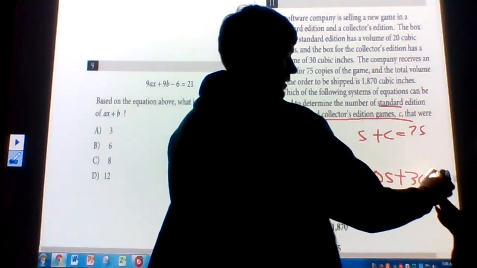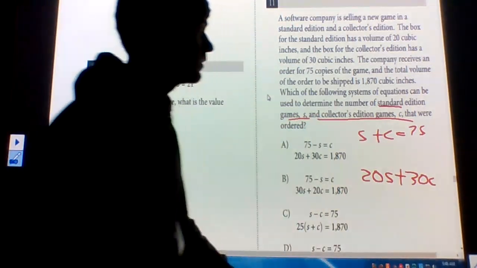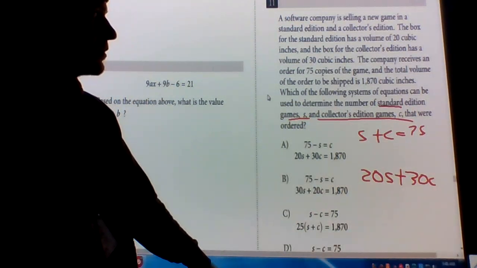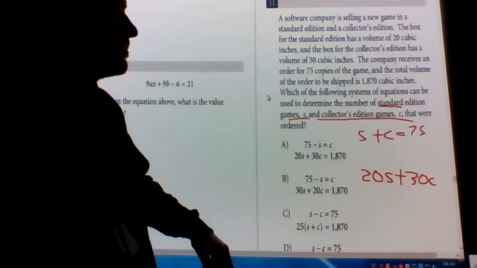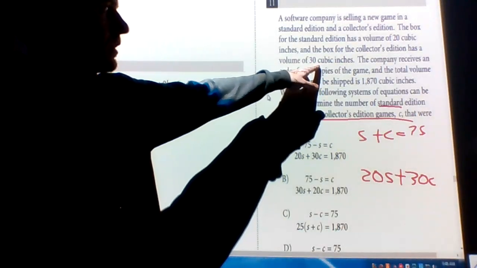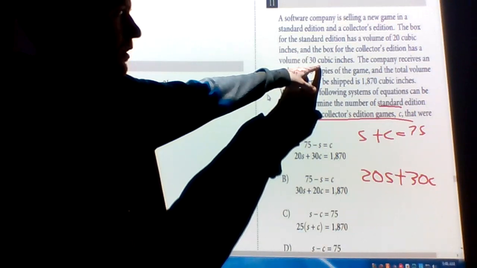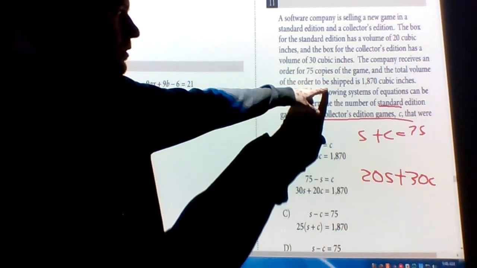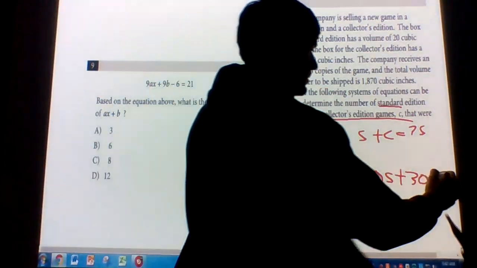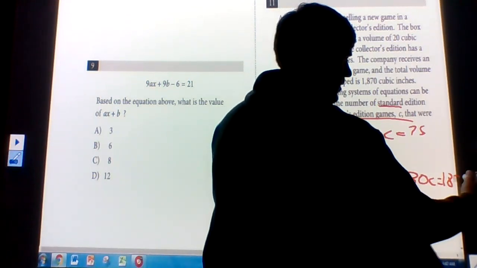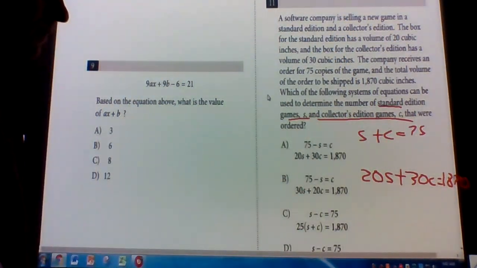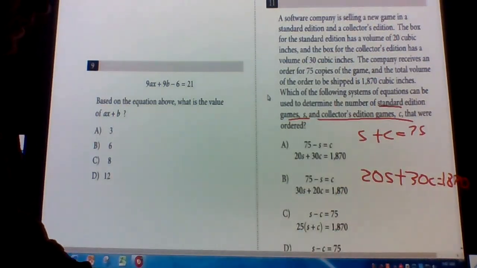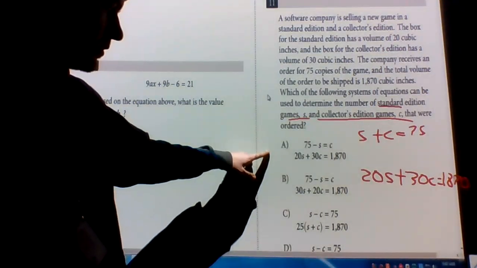And then 30 times the collector's edition would tell you the volume of the total amount of collectors, how much space the collector games take up. And that has to be, or is, 1870. Still see that 1870. So that one looks good.